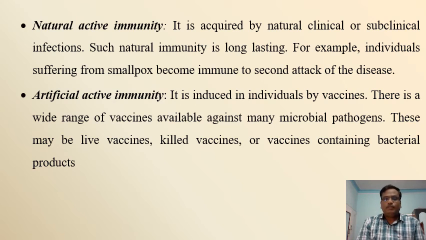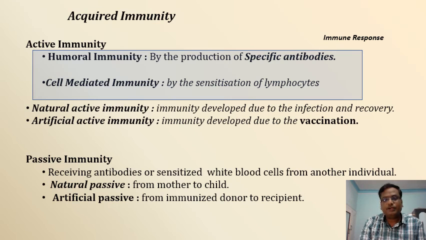Now, natural active immunity, I already told you, is the one which is developed by the active participation of the immune system of the person, which occurs due to infections. And in artificial immunity, the person develops immunity due to the artificial injection of vaccines. I mean artificial methods where there is no real infection, but there is a false infection.